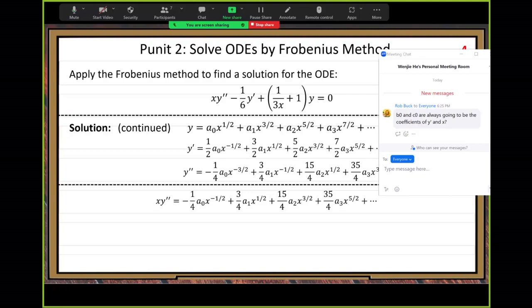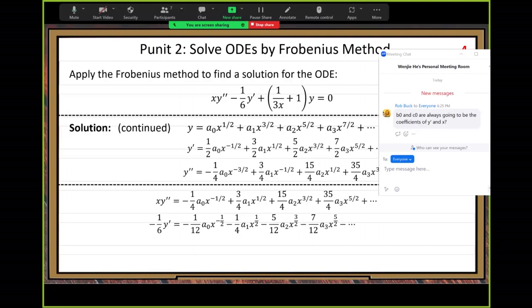Double prime. First one. Second one, you multiply that coefficient, negative 1/6. Relatively easier. The third one, because there are two terms, we like to split and do it twice.